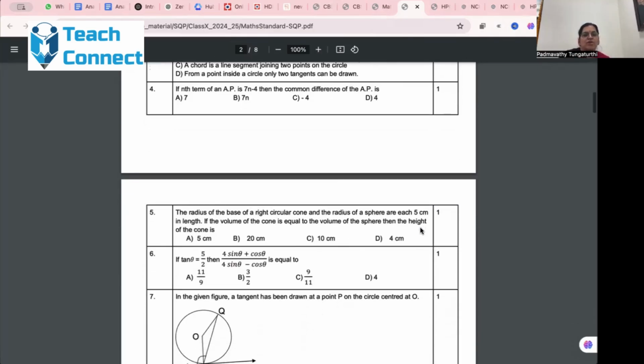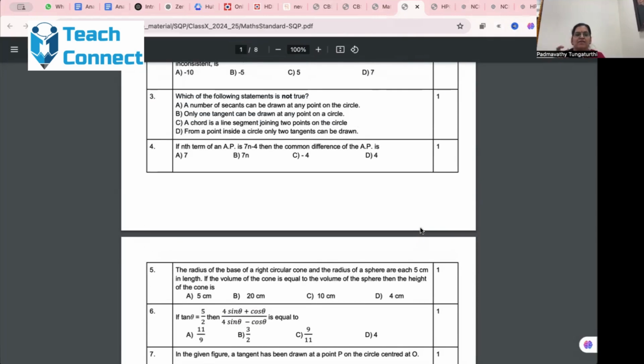By the way, when you look at question number 3, we know that the main focus is on the terminology of tangent, secant, chord, and line segment. Does the student know the difference between these? That's what a student is tested on there.